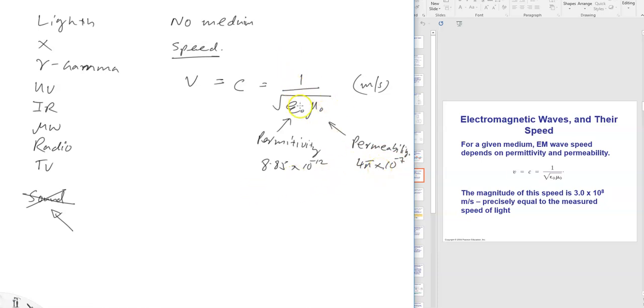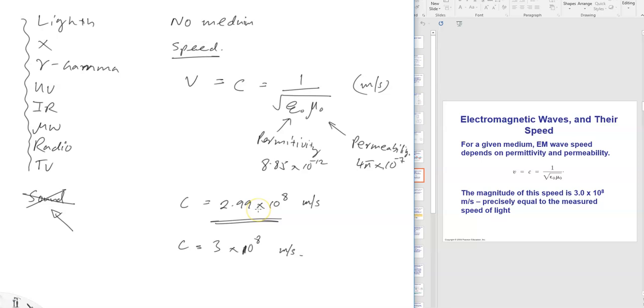Multiply these, apply in the equation, you'll get an answer. c is about 2.99 times 10 to the 8 meters per second. This is the speed of electromagnetic radiation through space, through vacuum, when there's nothing. And it is constant. All these, they're all electromagnetic radiation. They all travel at the same speed. We can take it as 3 times 10 to the 8, a good approximation, meters per second.